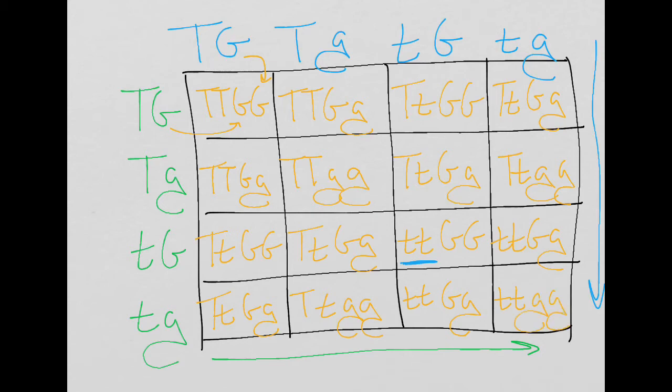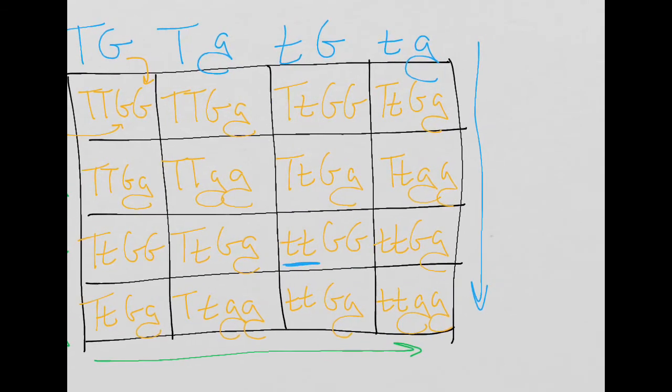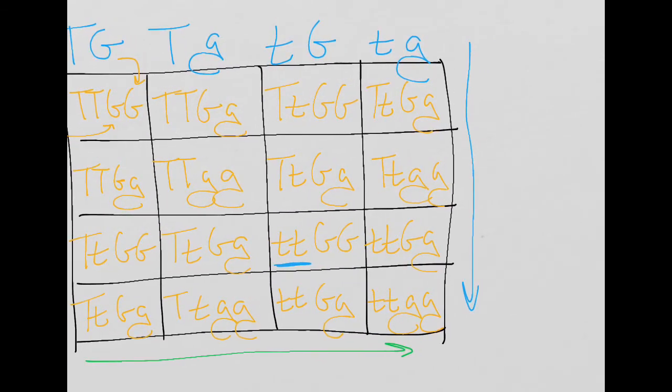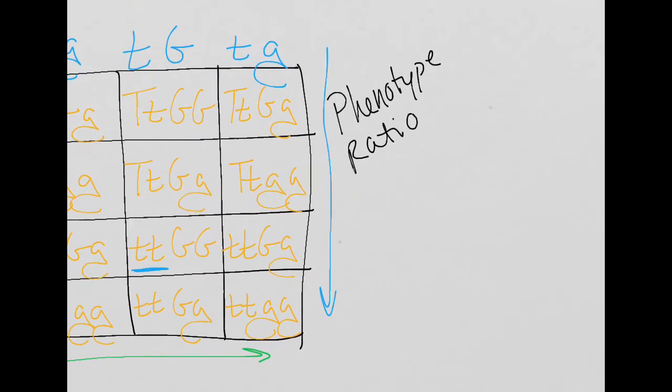Okay, so we're finished up with this, and now here comes this sort of analysis part. Because this is a true dihybrid cross, it has certain properties with its phenotype ratio. You will notice that there are going to be basically 4 options for phenotype.